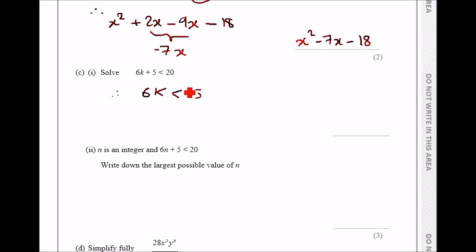And then you just divide by 6, so k is less than 15 over 6. We could actually simplify this part. 15 over 6, both divide by 3, you should get 5 over 2. So k is less than 5 over 2. That's it.